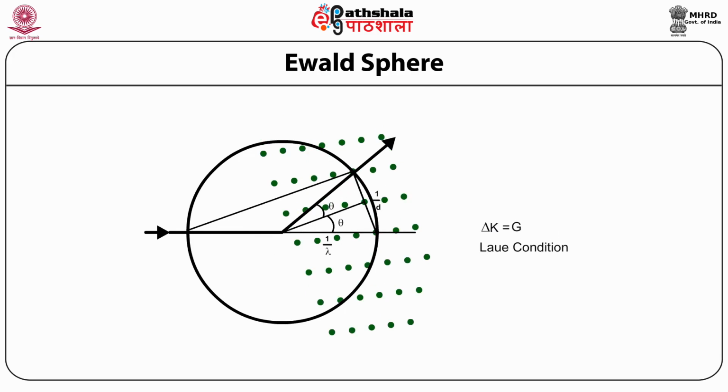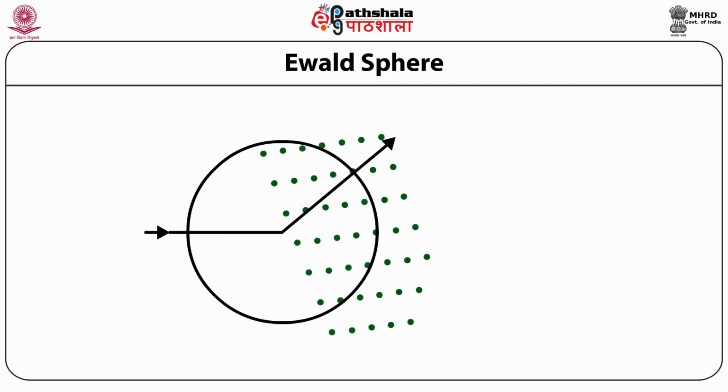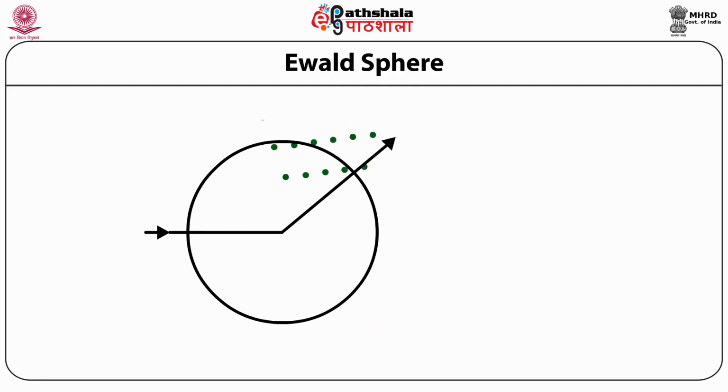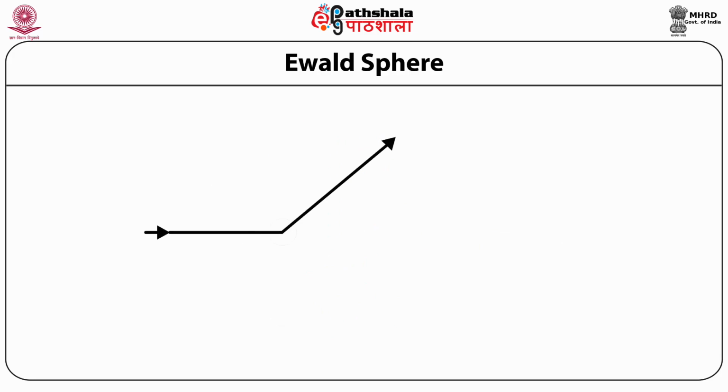You take this point on the outer surface of the sphere, and from the center you can draw the sphere, and whatever sphere you get is the Ewald sphere. So any point lying on this Ewald sphere will satisfy the Bragg condition or Laue condition, or will result in a particular reflection for that given direction.